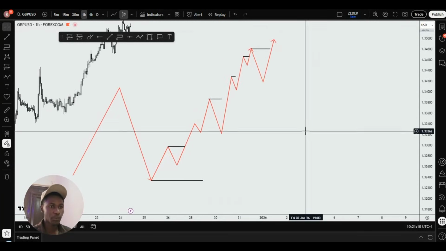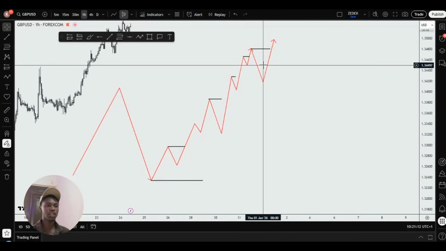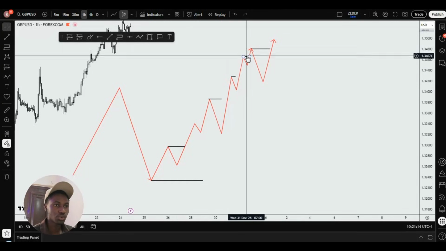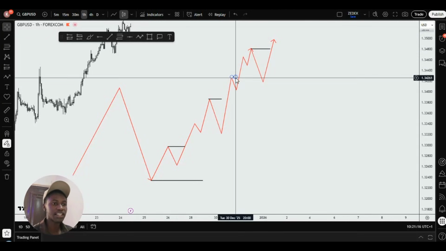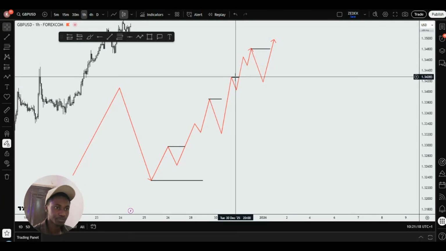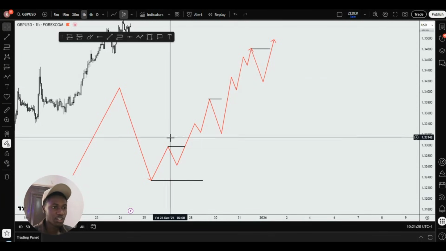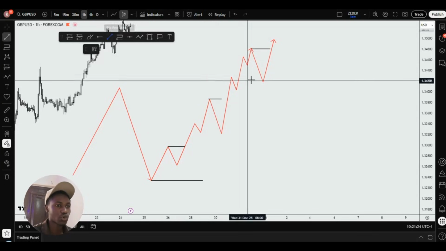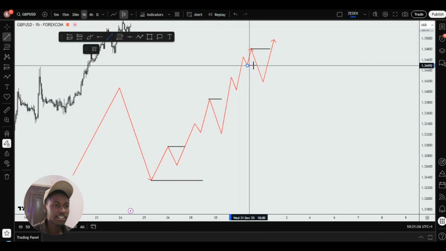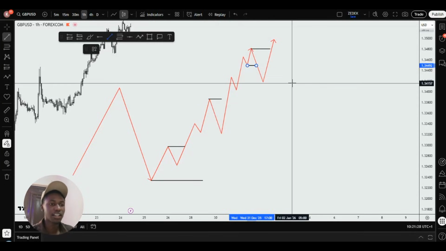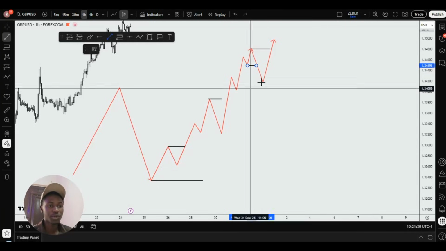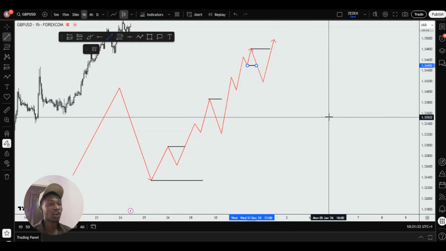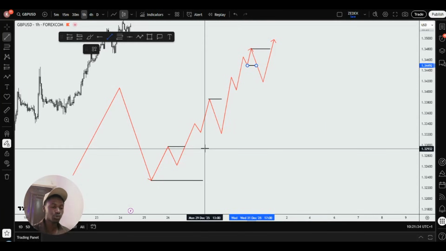So at this point now, this is where I was talking about. This won't make you make mistakes when it comes to reversals. If you are considering all these structures like this and not focusing on the balance, this is what you're going to notice. You might say this is a change of character, a market structure shift, or a break of structure. But you are wrong because you're not seeing the whole view of the leg.